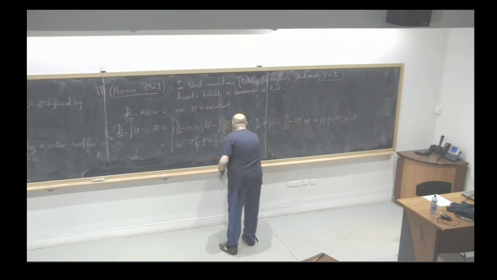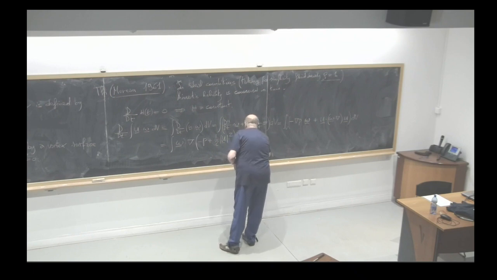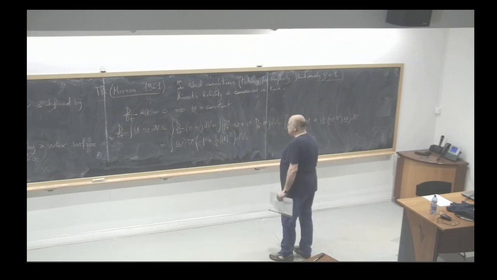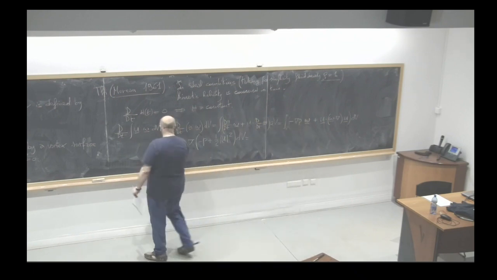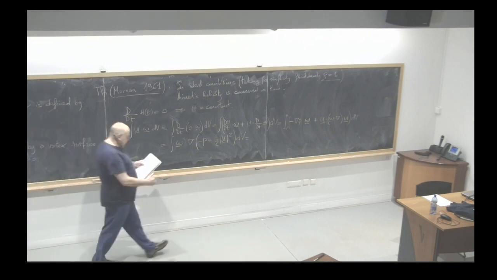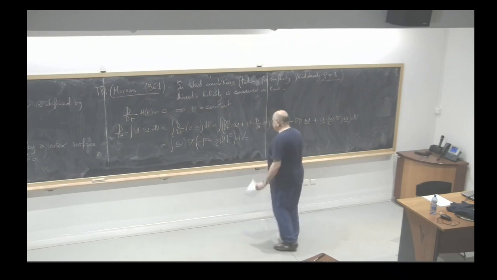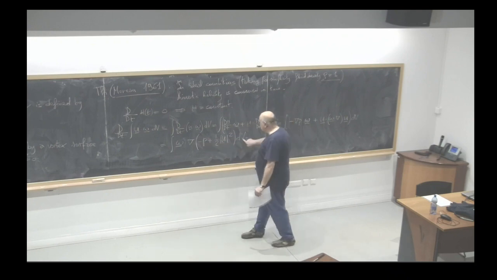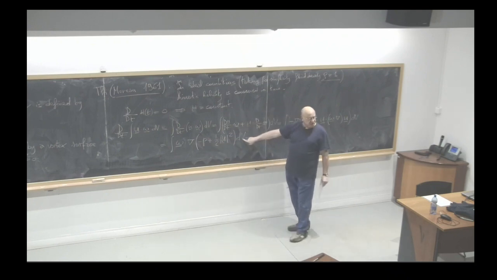u squared in dV. But now we use also another fact, the fact that because omega is defined as a curl of u, the divergence of omega equals 0, by definition, and therefore we can convert this integral in the volume using the divergence theorem to a surface integral.